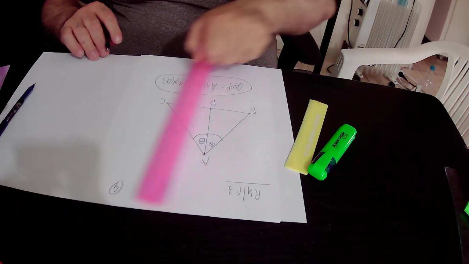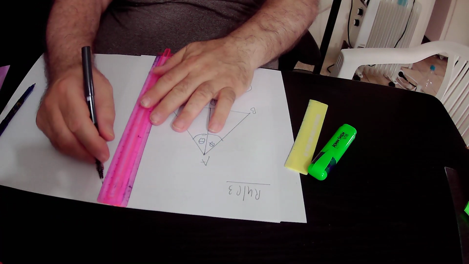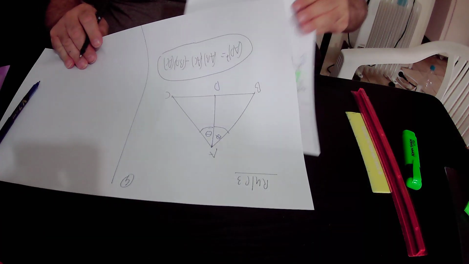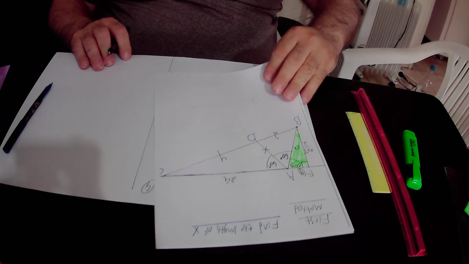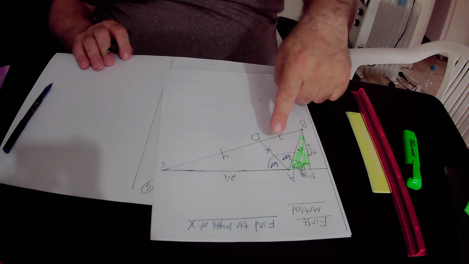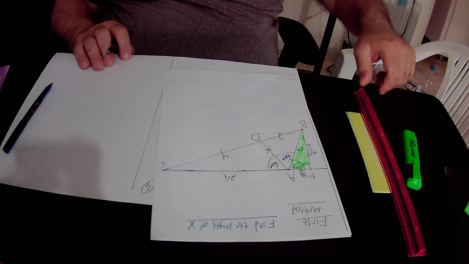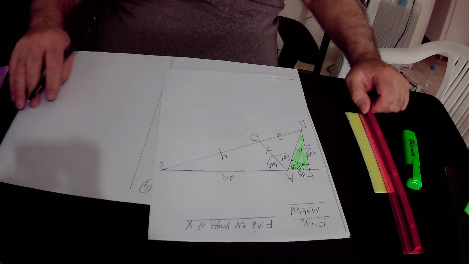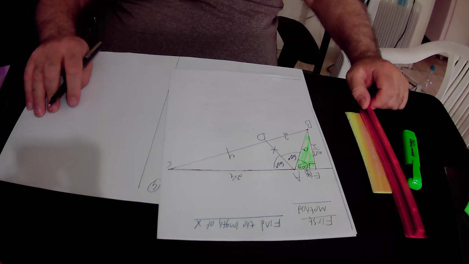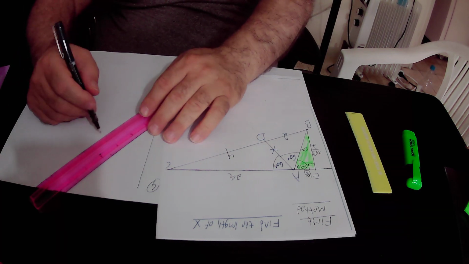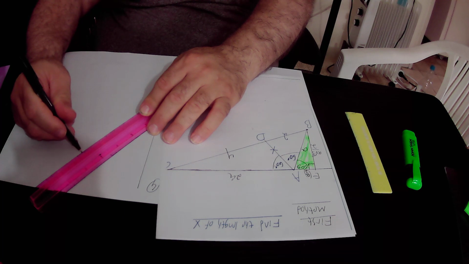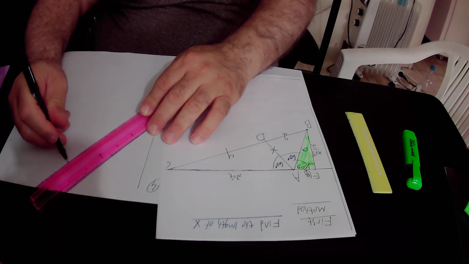We can implement the angle bisector theorem in triangle ABC. Why? Because triangle ABC has the angle bisector AD. Okay, so I'll copy triangle ABC in this page and we'll implement rule number 3 in triangle ABC.